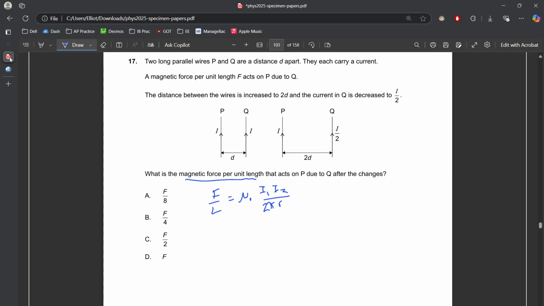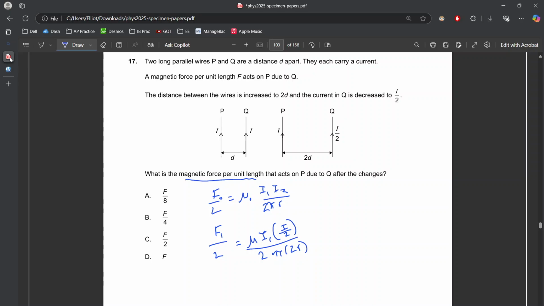Okay, so we're going to call this F naught over L. F naught over L is equal to this, and F1 over L is equal to mu naught, which is just a constant, and then your I1, and then this is going to be I over 2, over 2 pi times 2r.